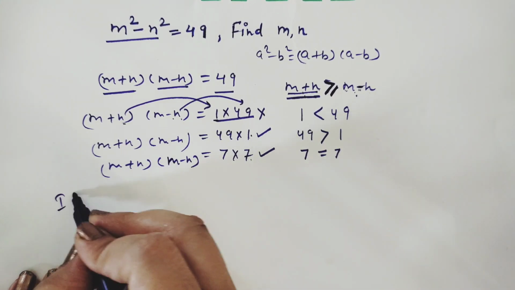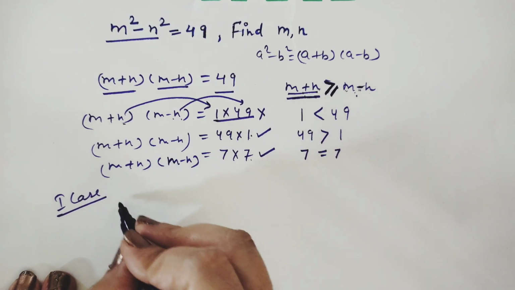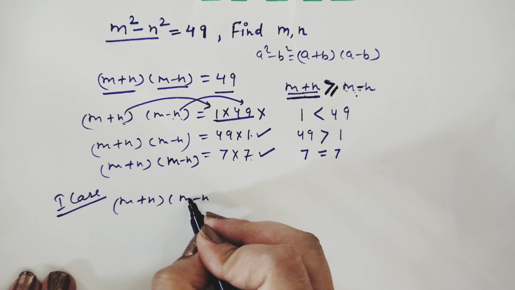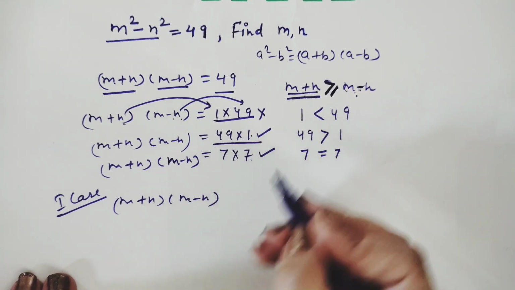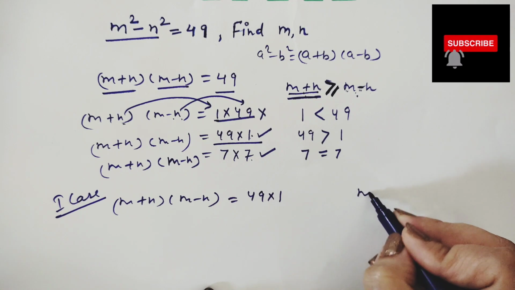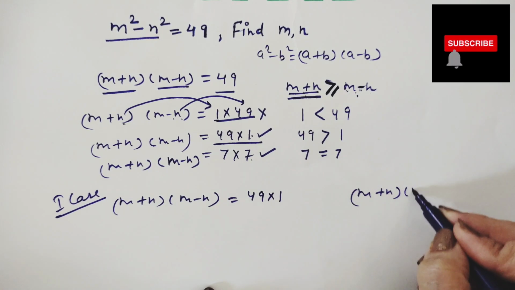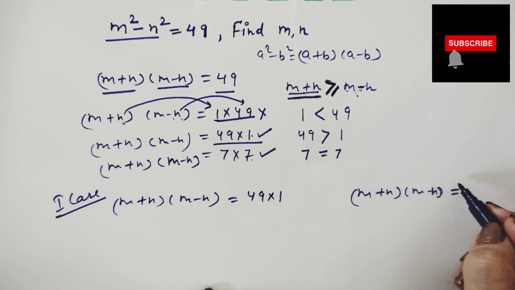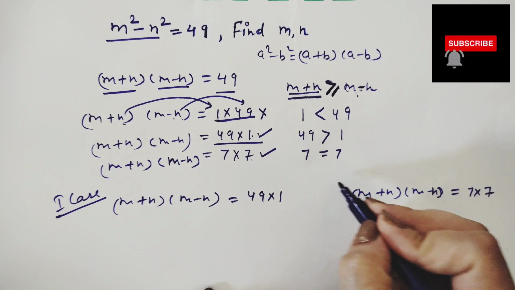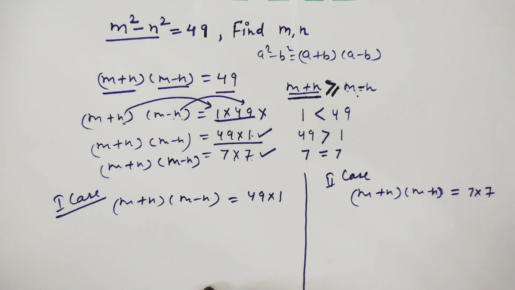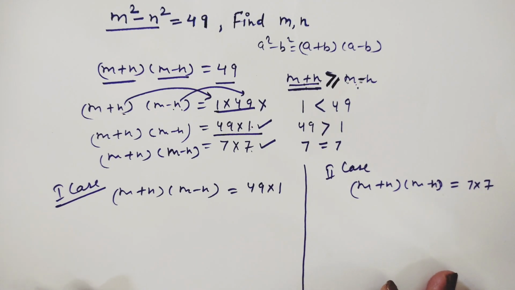The first case is m plus n, m minus n equals 49 into 1. The second case is m plus n, m minus n equals 7 into 7. Since we have two cases, we will find two values of m and n.